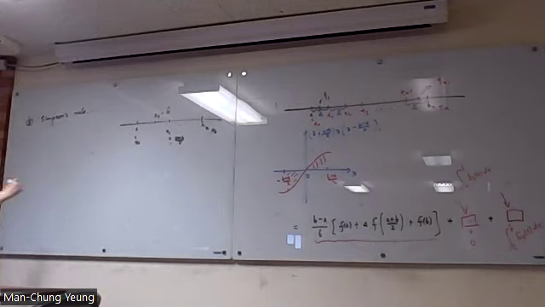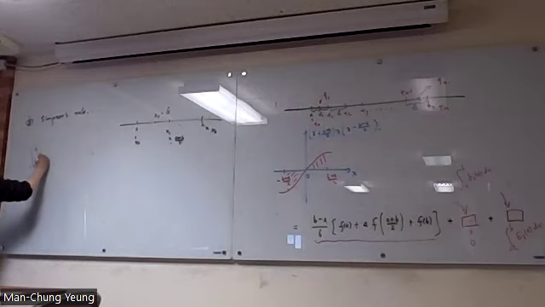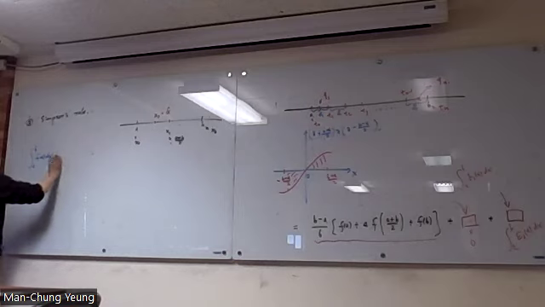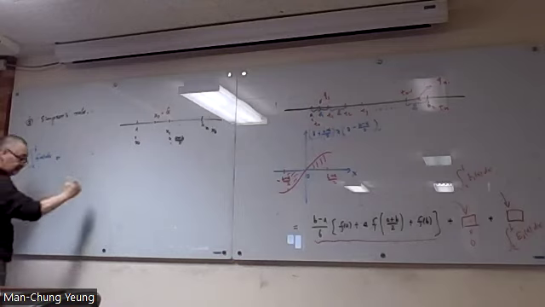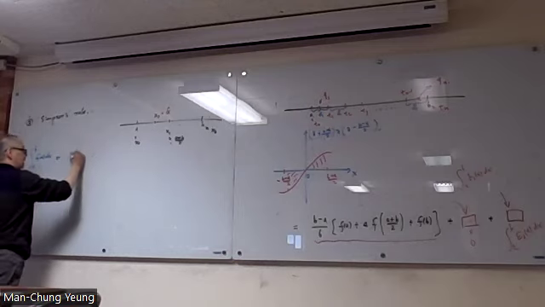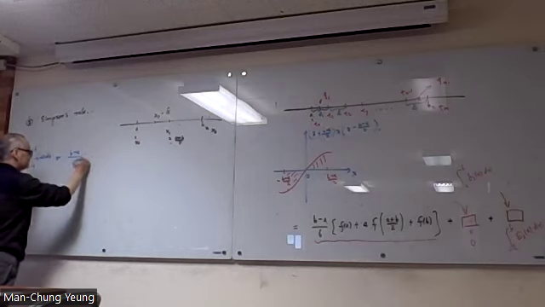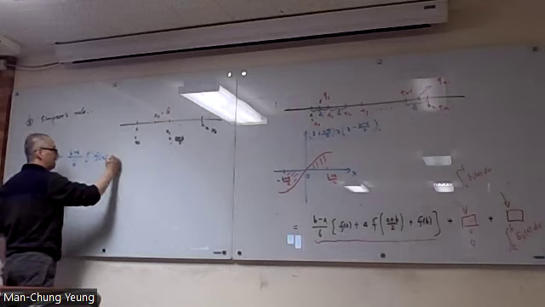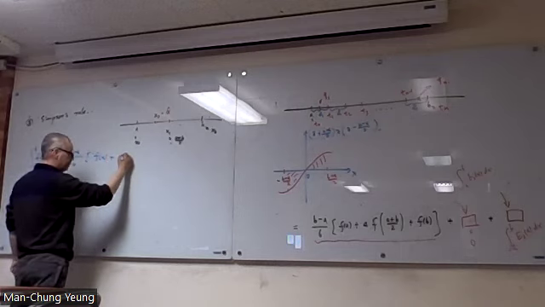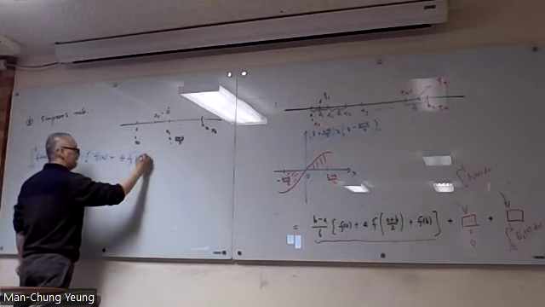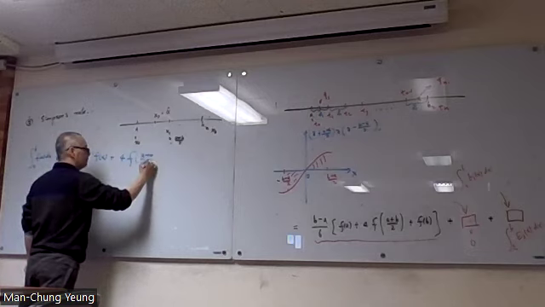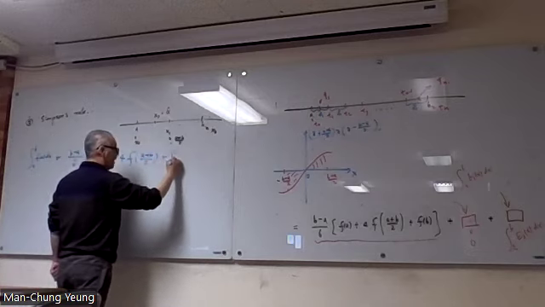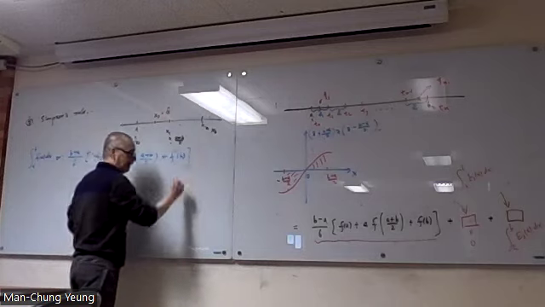The integral from a to b of f is equal to b minus a over 6 times f(a) plus 4 times f((a plus b) over 2), plus f(b).